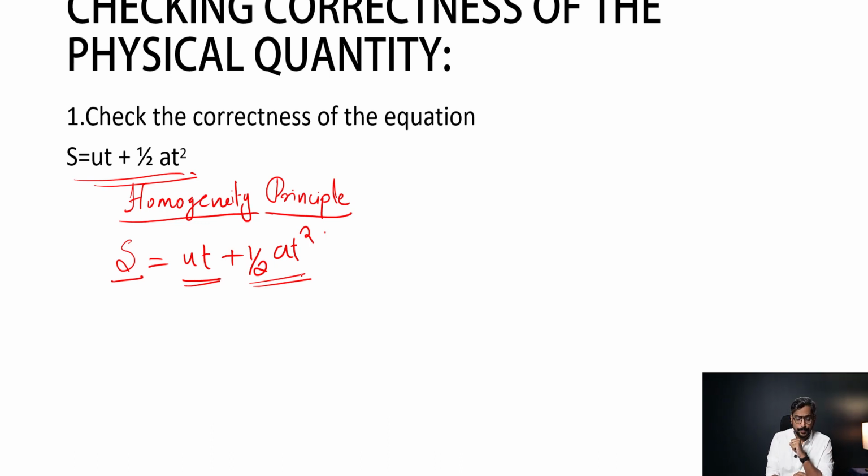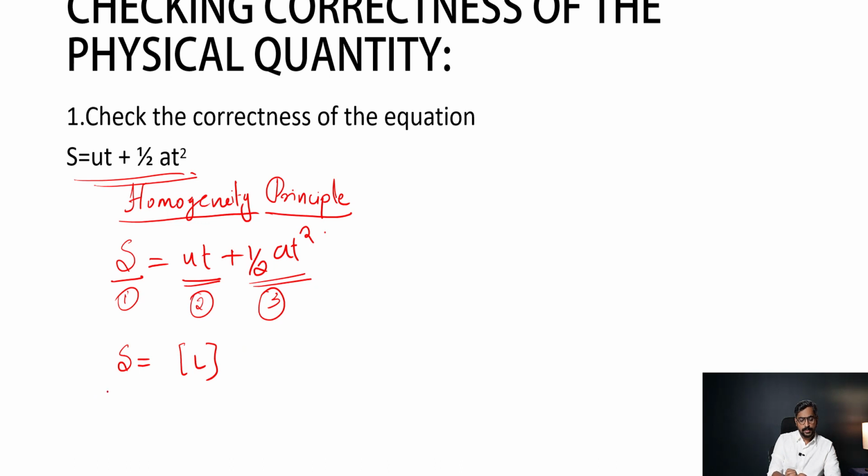If you need to check the correctness of the equation, then you need to take the first term, second term, and third term, and check them individually. So S is nothing but the displacement, so you know the dimension will be L.